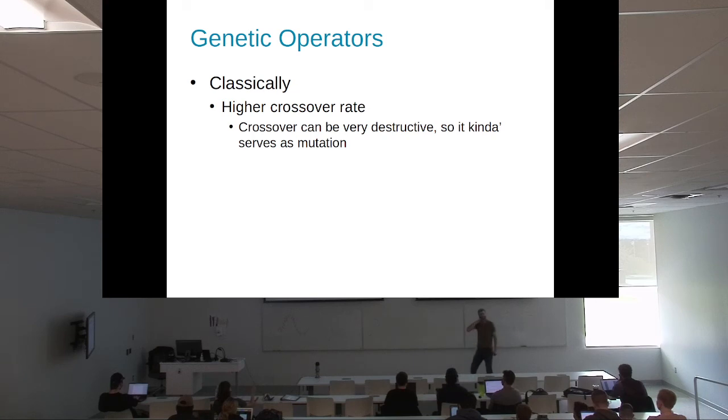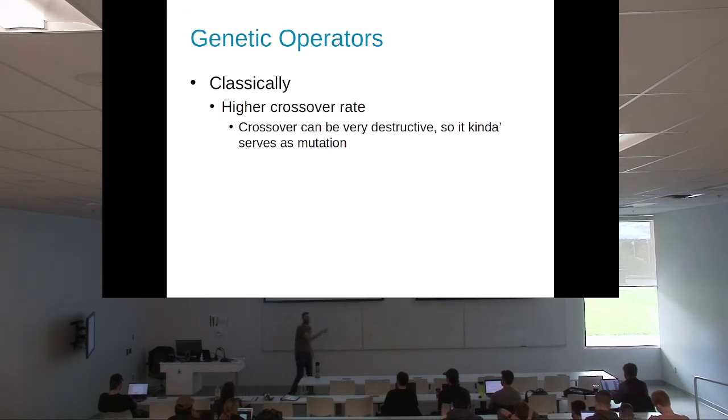Remember how with crossover, once the population starts to converge a little bit, crossover isn't really good at adding new information into the population. It's just good at transferring the information around the population. Mutation is good at throwing something new in there and maybe it takes off.